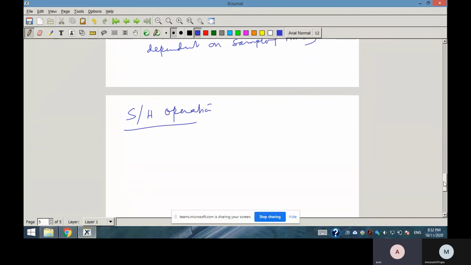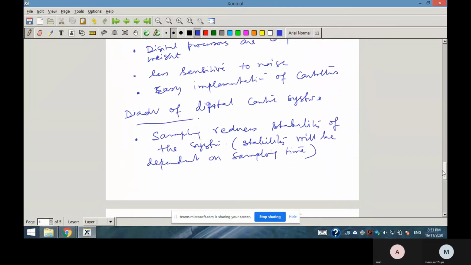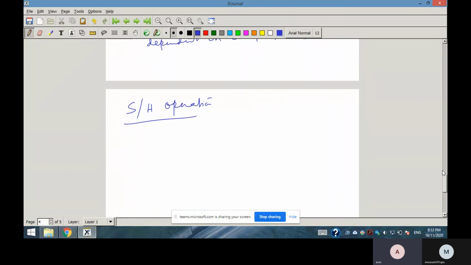You can see here the sampler. In digital control systems, the continuous time signals are sampled, some operations are carried out on the digital signal, and then it is held again. So what does sampling and hold mean actually? You have to understand that. I am just drawing a simple sampler and hold circuit.